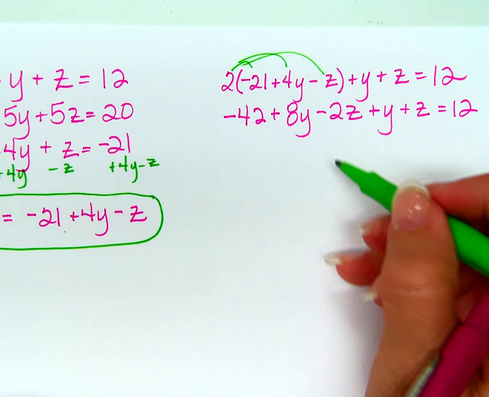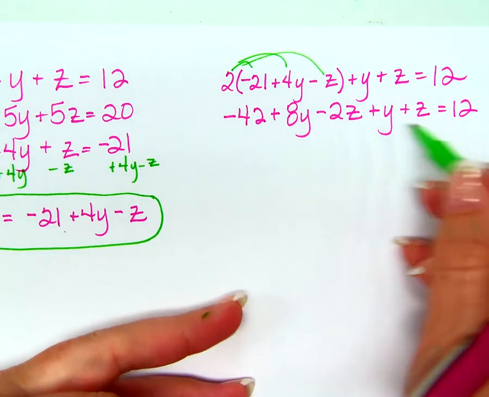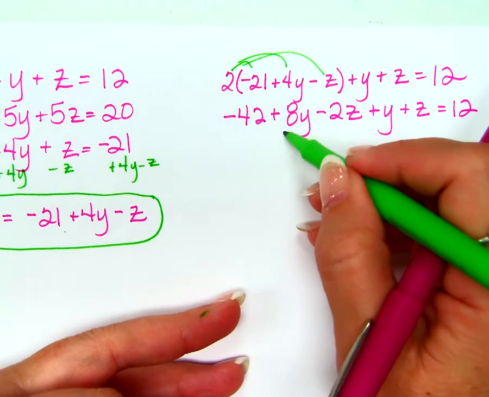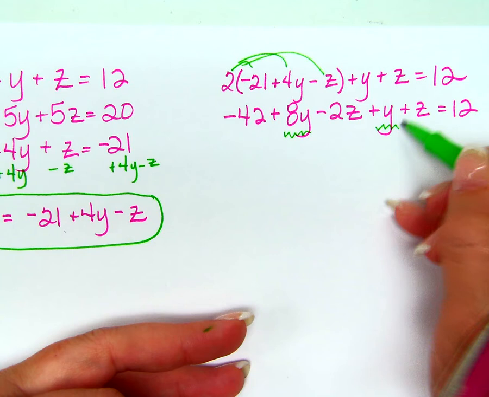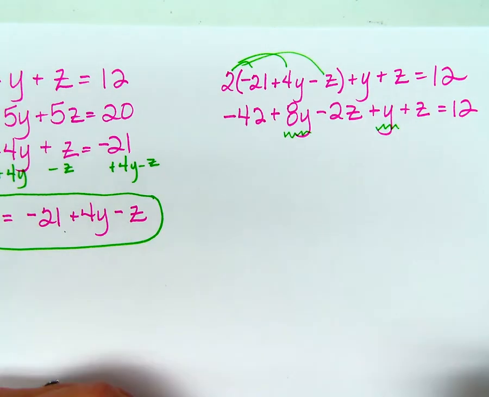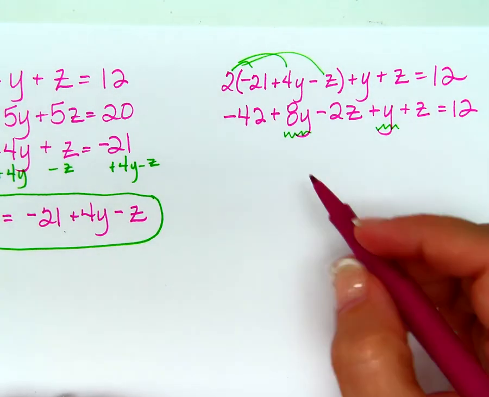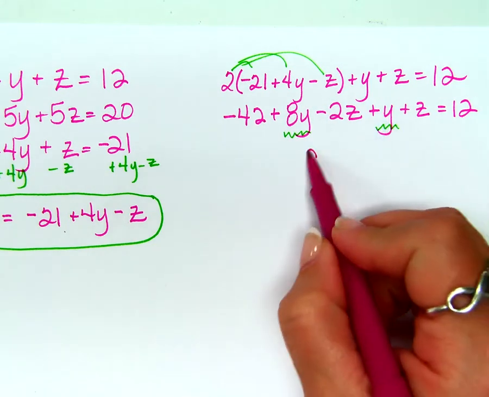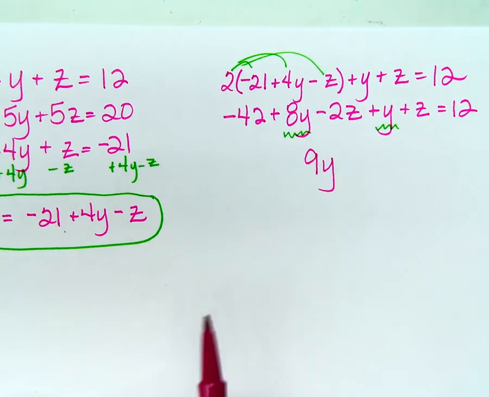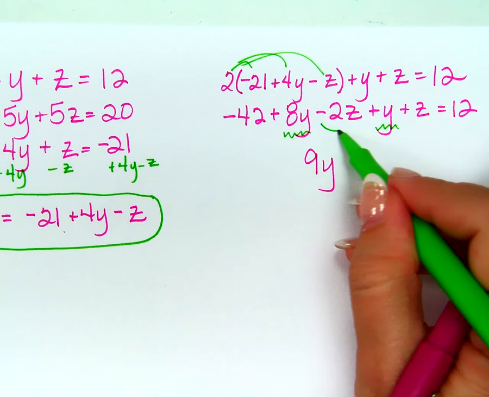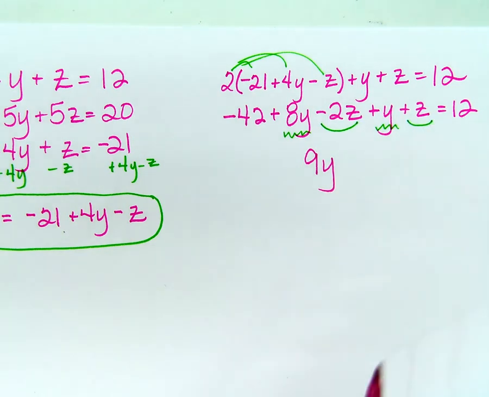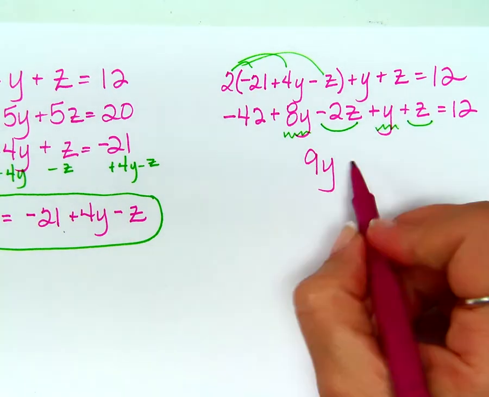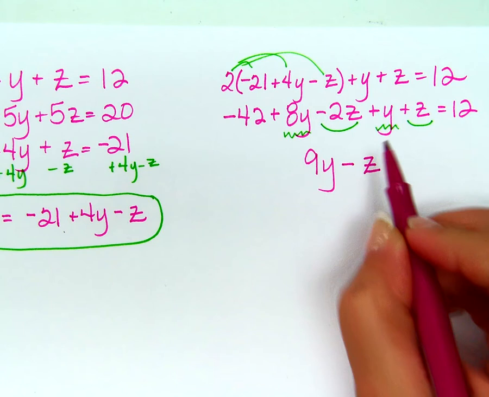I've got y's and z's, so I probably prefer to write my y's first because that comes first in the alphabet. I mean in the English alphabet. I don't really know a lot of other alphabets, but we're just going to do y first. So 8y and 1y is 9y. And then I have a negative 2z and a positive 1z, so that gives me negative z.